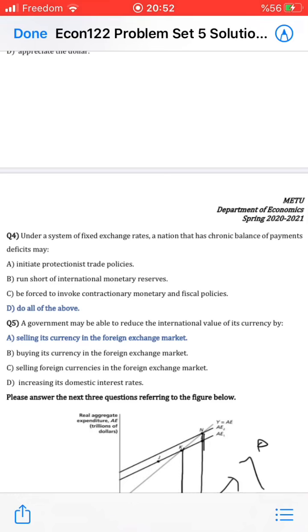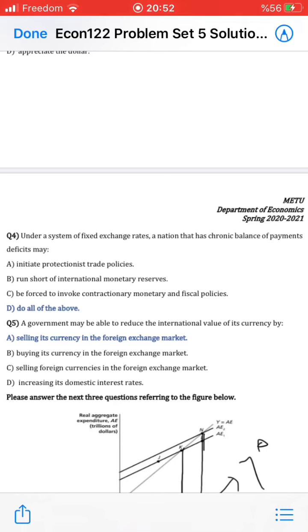Well, if you sell your currency in the foreign exchange market, that means that your supply, let's think again in the Turkish case. Think about that you're the central governor of the Central Bank of Turkey and you want to depreciate the Turkish lira. What you can do is you can supply Turkish lira into the exchange rate market, right?